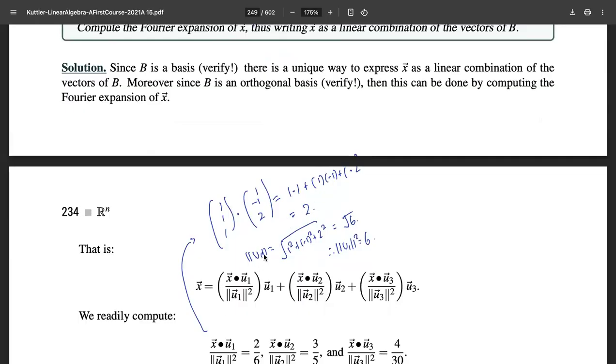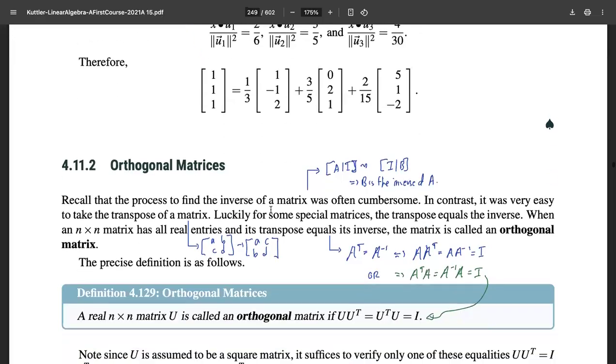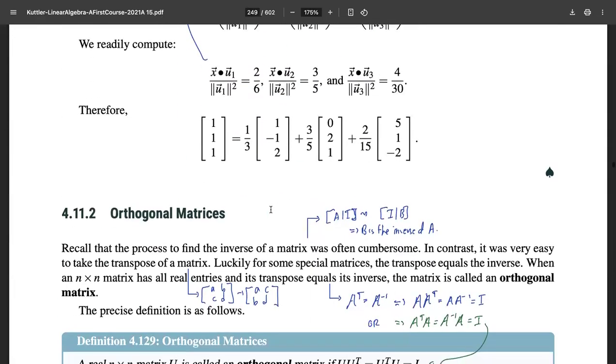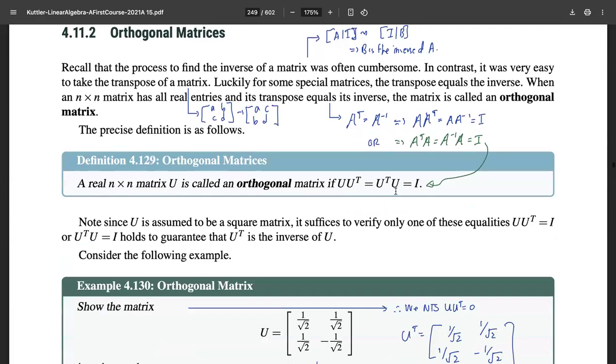We calculate the length of u1, which gives us square root 6, so the length squared is just 6, and we plug in the values. That's how we get the Fourier expansion of a vector. If you add all of this up, you should get back this vector here. You're just expressing it in a different basis.